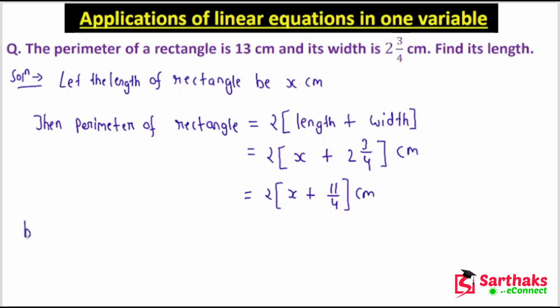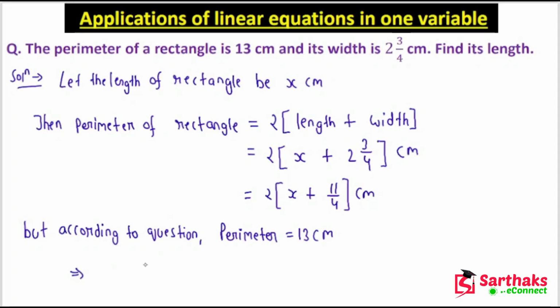But the question says the perimeter of the rectangle is 13 centimeter. So we can write, but according to the question, the perimeter is equal to 13 centimeter, which simply implies that the question has also given us the perimeter.